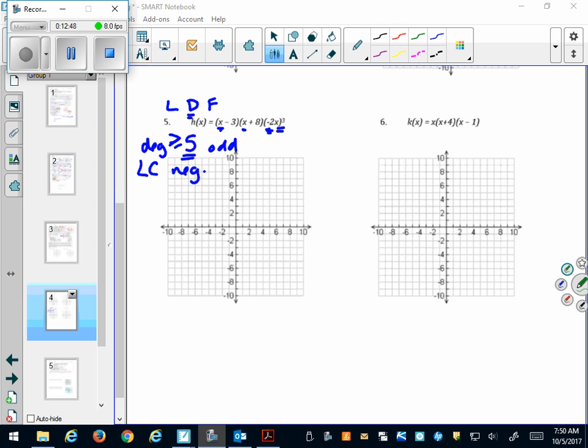You guys know how I'm getting that? Because a line is a degree of 1, that's odd, right? So lines are odd. So end behavior is going to be like a line. Since it's negative, it's going to go this way. Because a negative slope on a line would go that way, right? So we know it's going to do that.